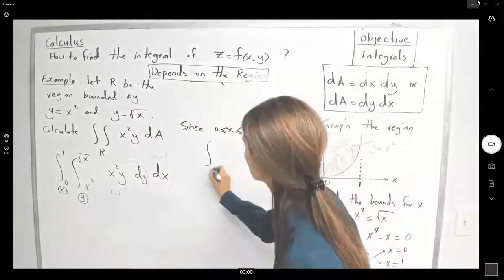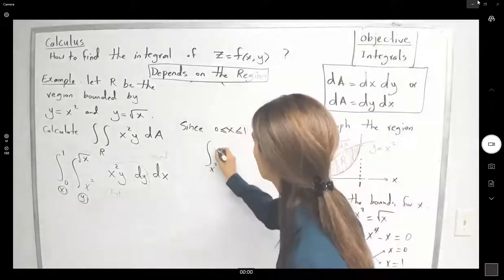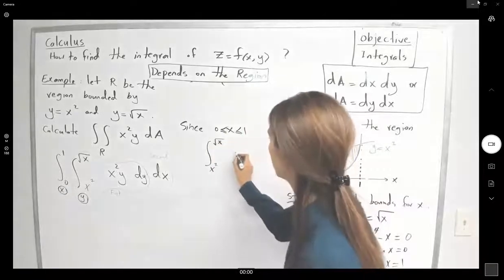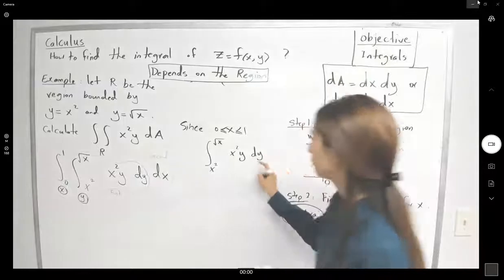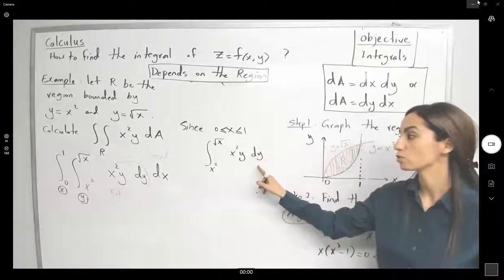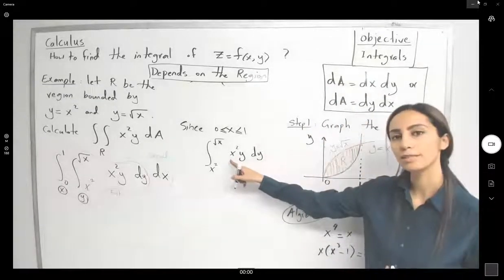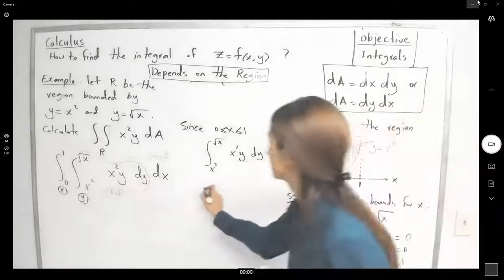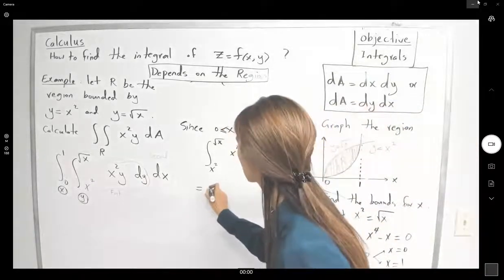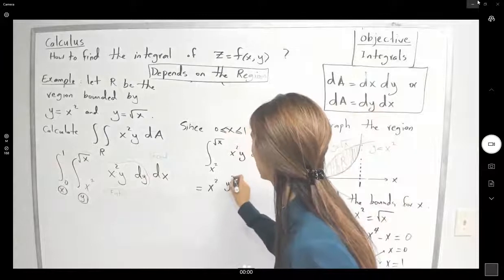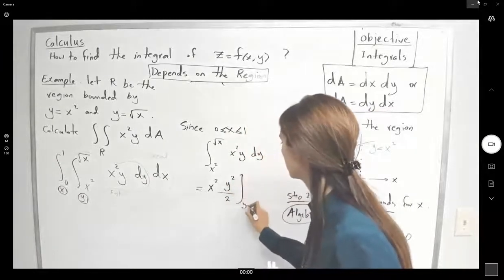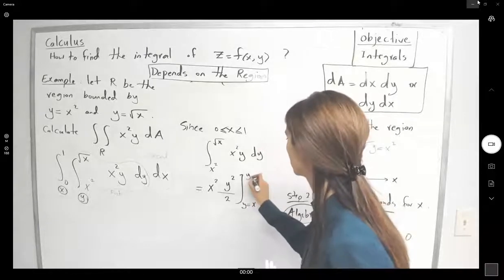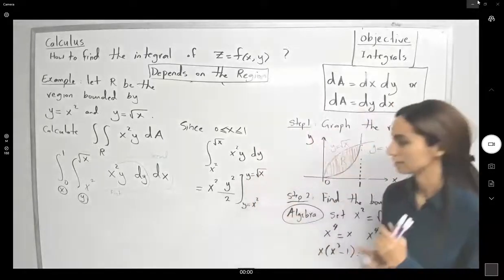The integral from x squared to square root of x of x squared y dy. We are taking the integral with respect to y. x squared is just a number. This is equal to x squared times y squared divided by 2, where y ranges from x squared to square root of x.